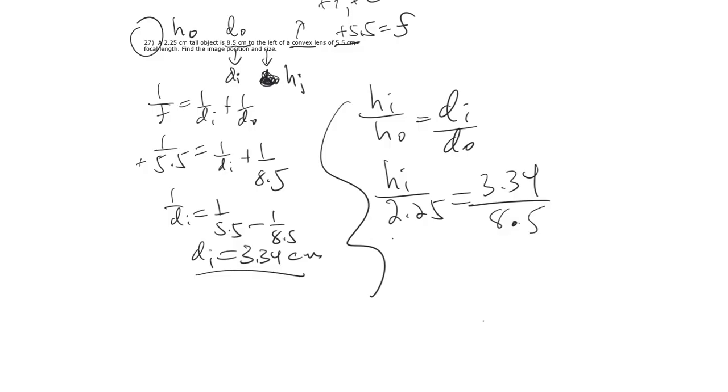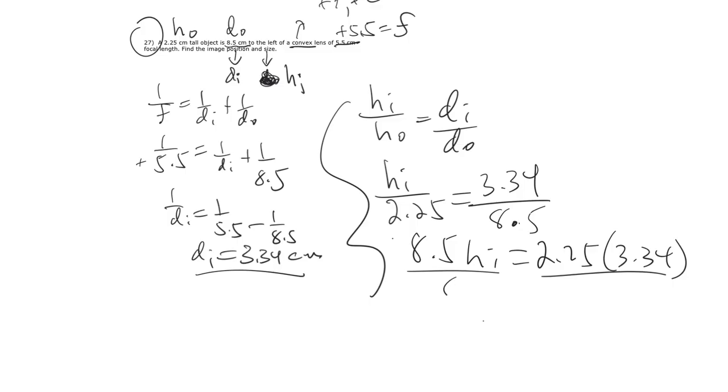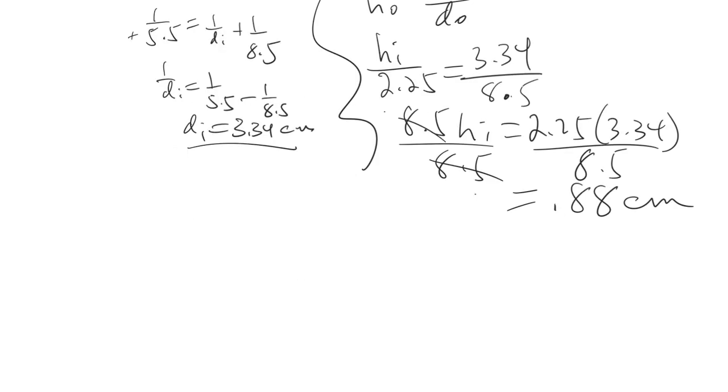So cross multiply: 8.5 HI equals 2.25 times 3.34. Divide through by 8.5 on both sides, and you're going to get 0.88 centimeters.